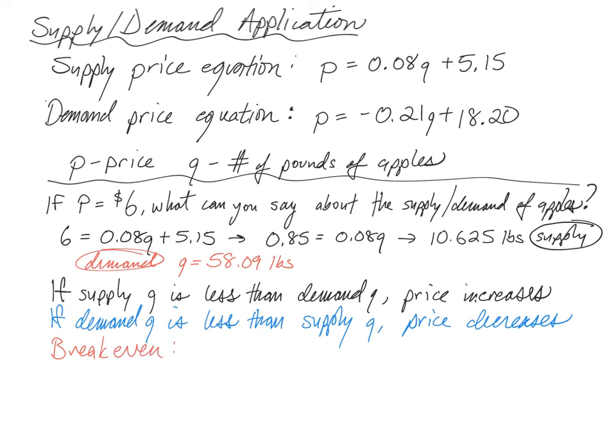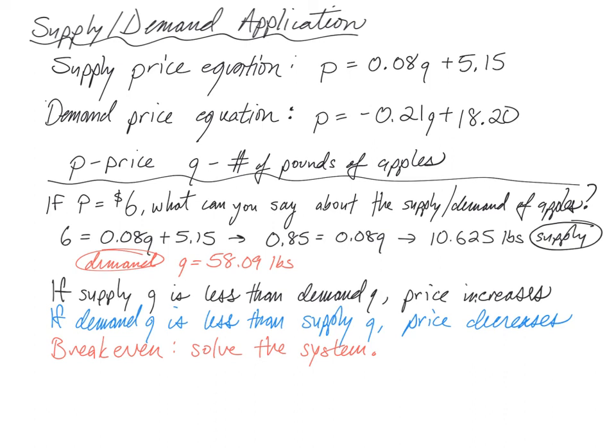So the break-even here would just be to solve the system. And since these equations are already set up for substitution, right, we have a variable term with coefficient 1. In fact, it's already solved for P. So we can just say this expression can be substituted in for this P, and we can go through and solve for Q.